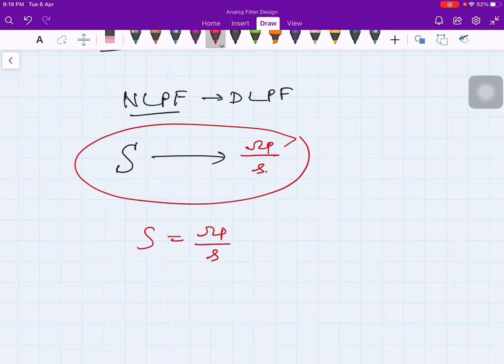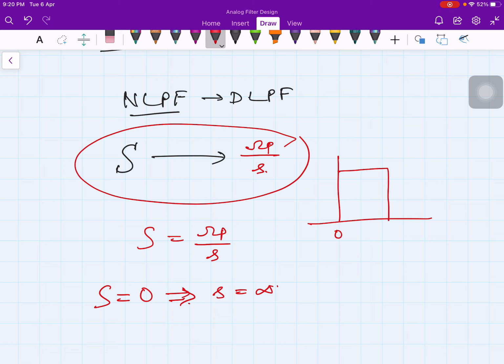Now when capital S equals 0, this corresponds to small s equal to infinity, isn't it? In other words, whatever response you have at zero frequency will occur at infinite frequency. At zero frequency I have a magnitude of 1, and the same thing occurs at infinite frequency, where the magnitude is 1.